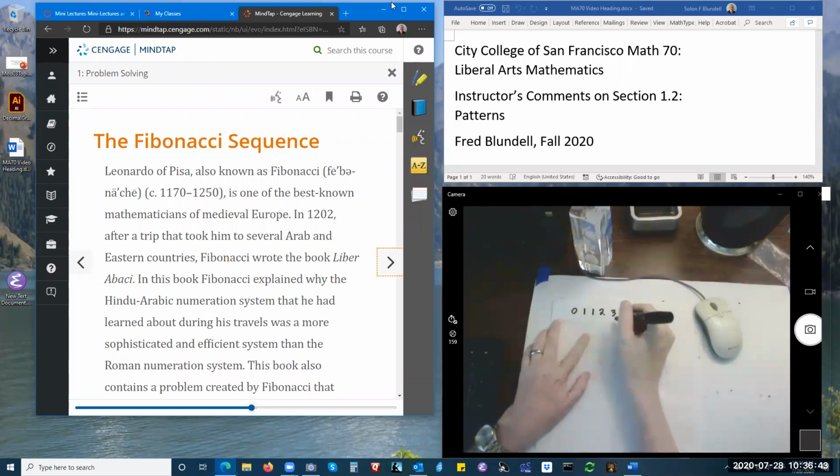So for any one of them, like let's call this the nth Fibonacci number. If n was 1, 2, 3, 4, 5, if n was 5, this would be Fn, the fifth one. And how do you get it? You take the one before and the one before that, and you add them together.